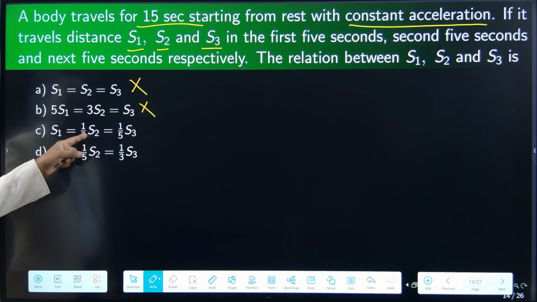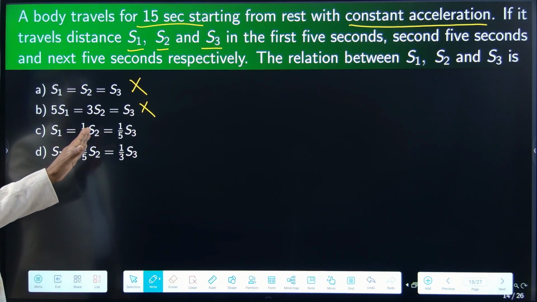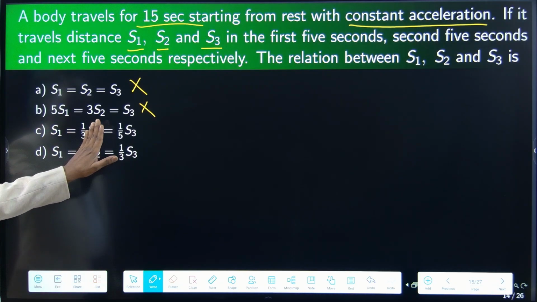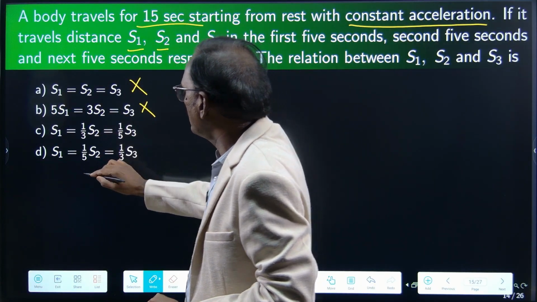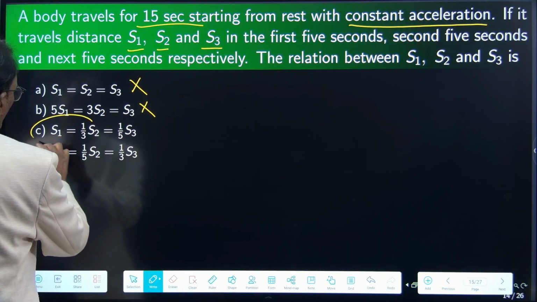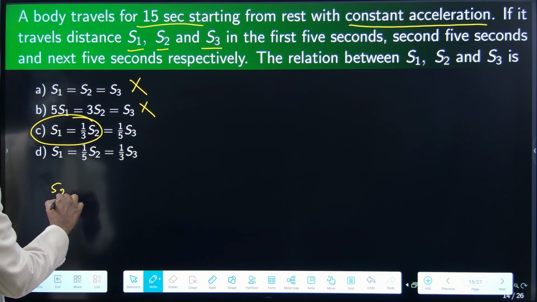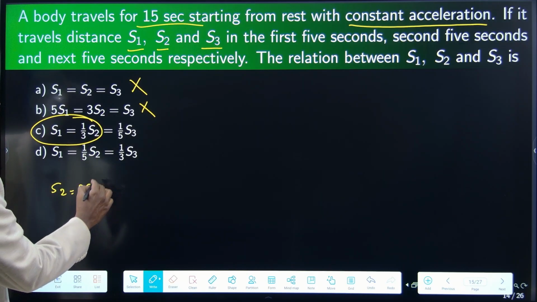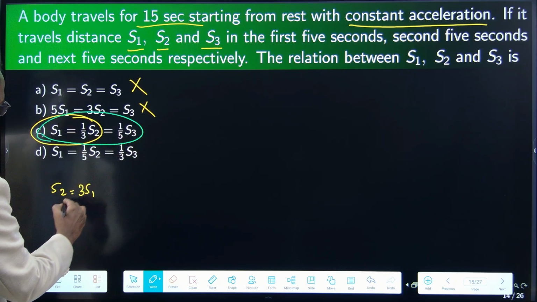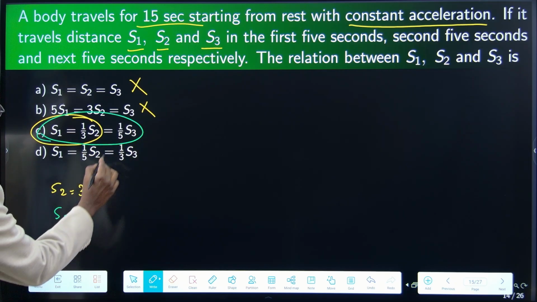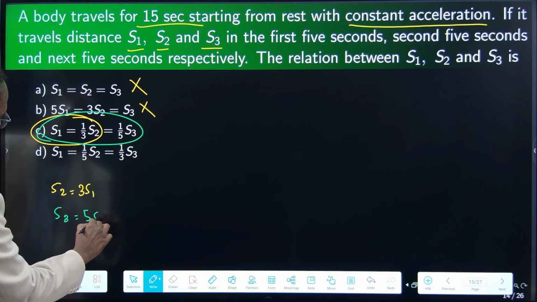S1 is equal to 1 by 3 S2. That means S2 is equal to 3 S1 if we cross multiply it. Then if we cross multiply S1 and S3, S3 is equal to 5 S1.